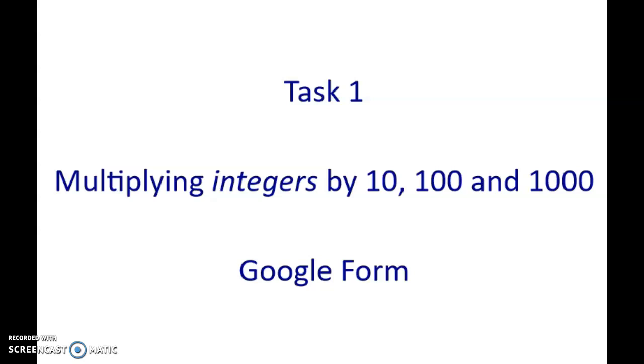Give yourself about 10 or 15 minutes to complete this task and then come back to the video. Pause the video now. Well done. I'm really looking forward to seeing your scores for task number 1.